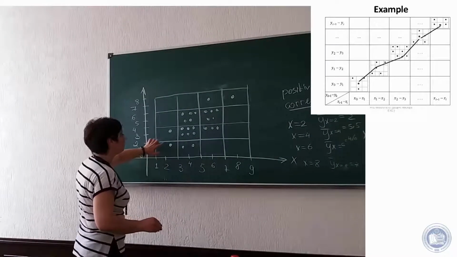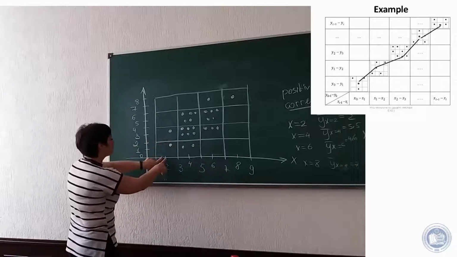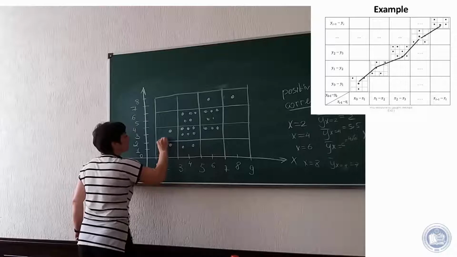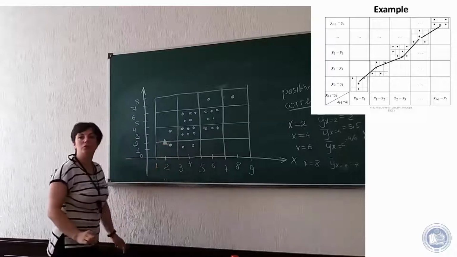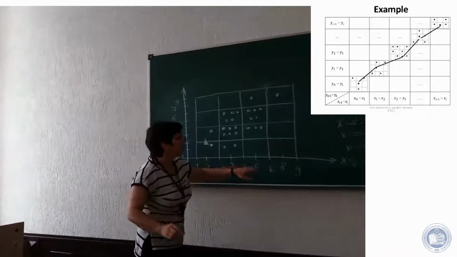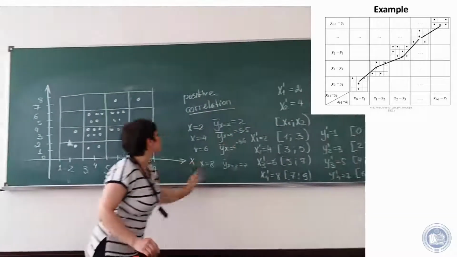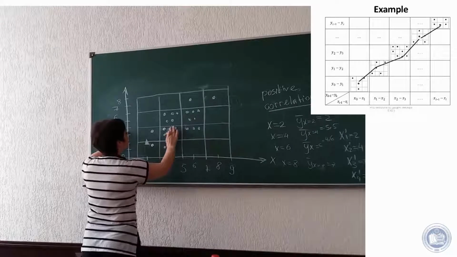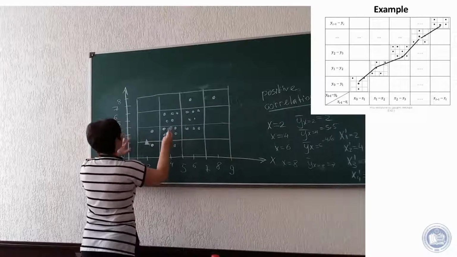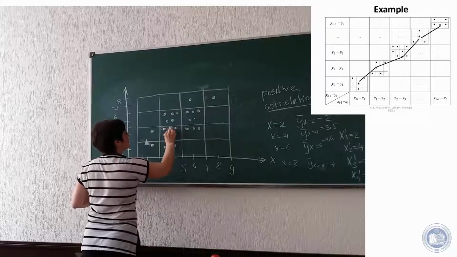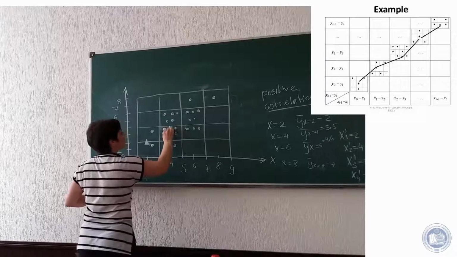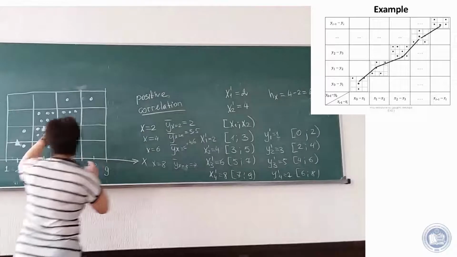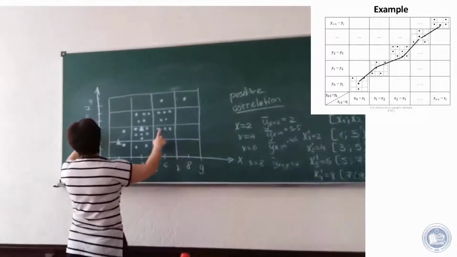Давайте с помощью треугольничков отметим точечки. First will be 2 and 2. Let's mark points with the help of triangles. Давайте с помощью треугольничков, чтобы они хоть чуть-чуть отличались. Next point, 4 and 3.5. 4 and 3.5 here. Давайте точечку спущу чуть-чуть. Okay, next. 6 and 4.6. 6 and 4.6 here.